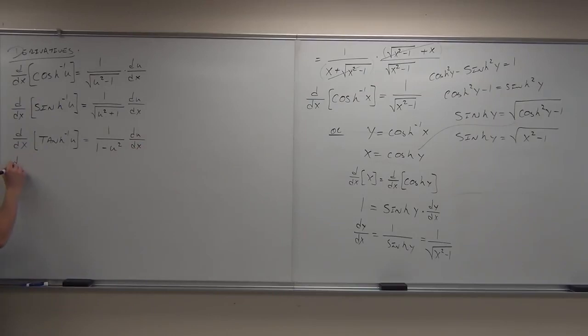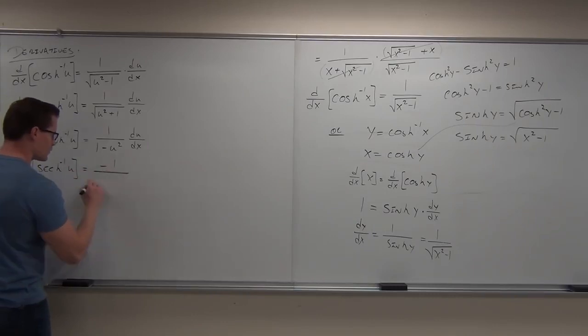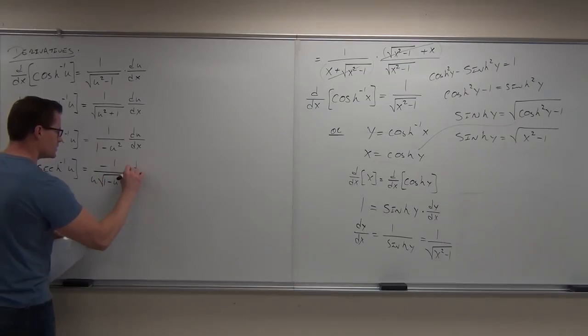If we want hyperbolic secant inverse, we get negative 1 over u, then square root of 1 minus u squared du dx.